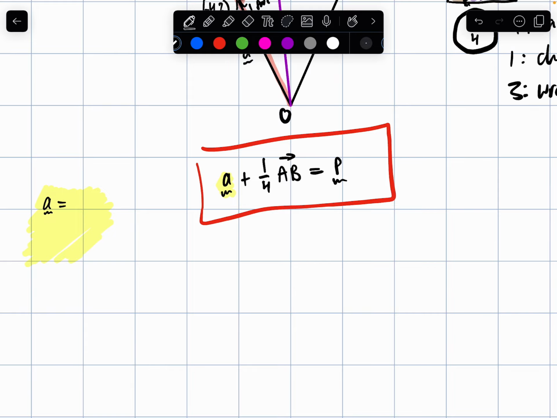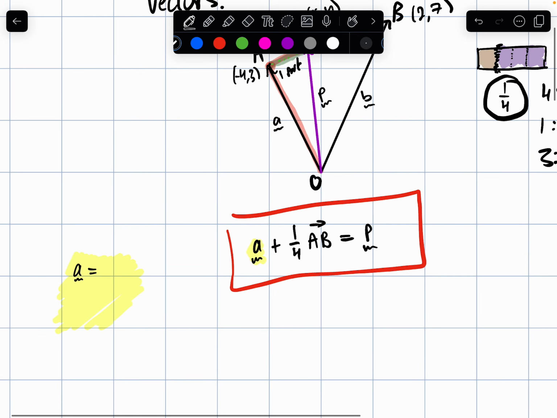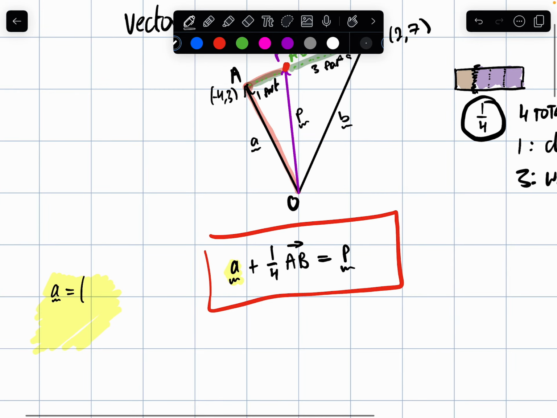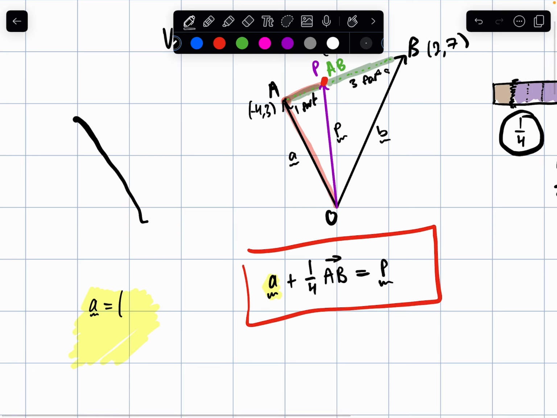A equals, and to get to A, we're going to -4, 3, which means we're going backwards.